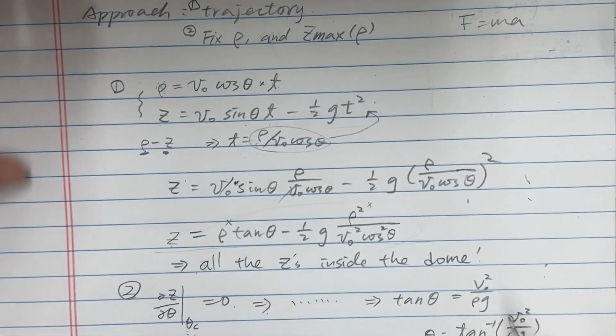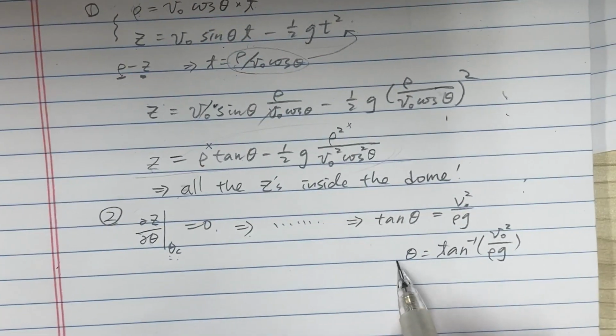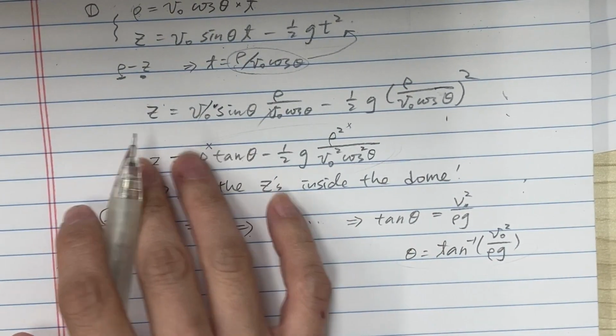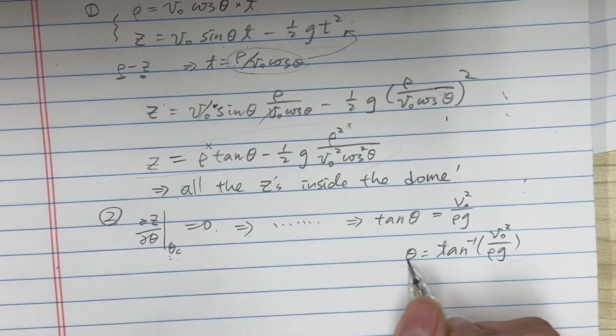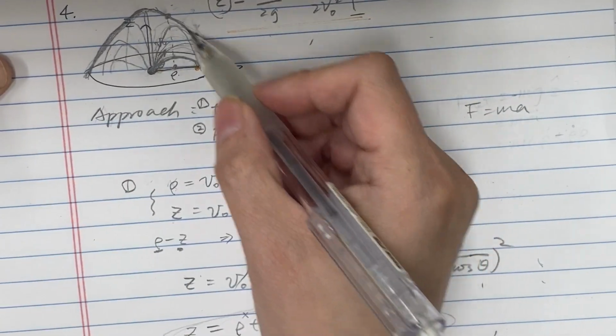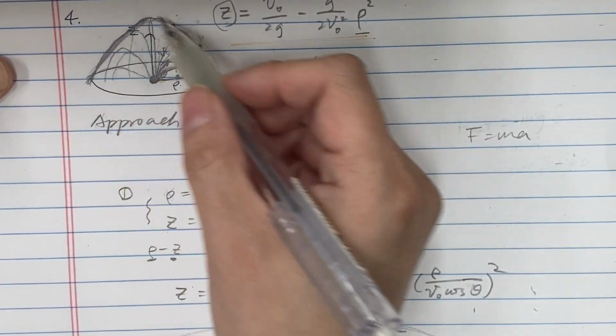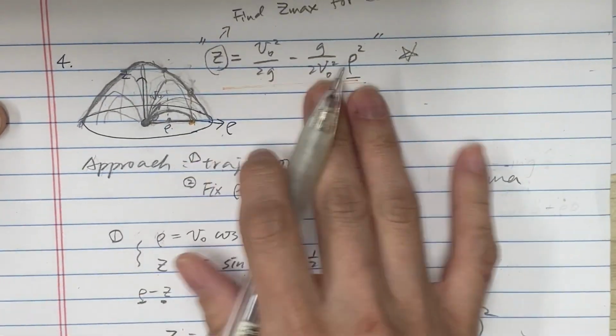So now all I have to do is plug this theta back into my z function. Then I will find the surface that we are looking for, and that will recover this equation.